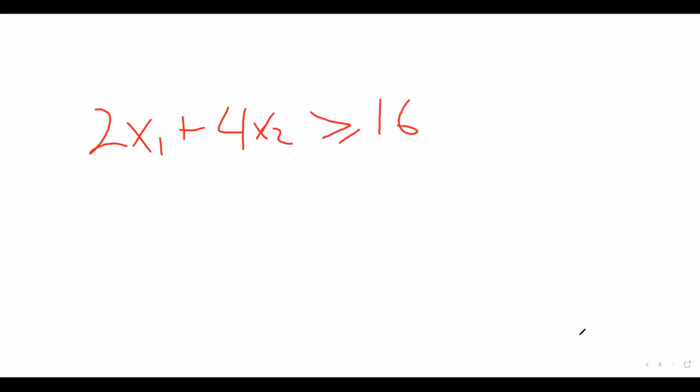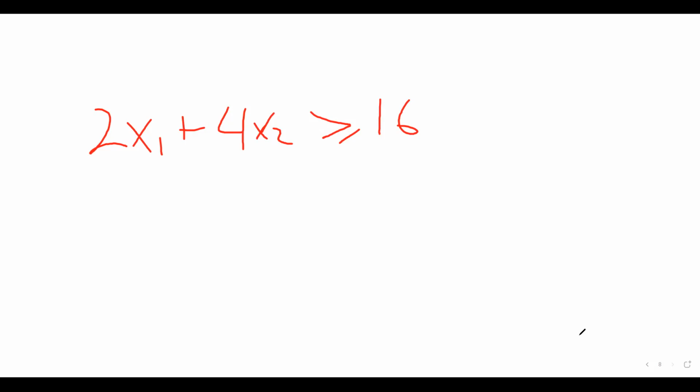So let's deal with the nitrogen constraint first. We're going to substitute our values that we have. Let's do for A first. The values we had for A were 0 and 8.